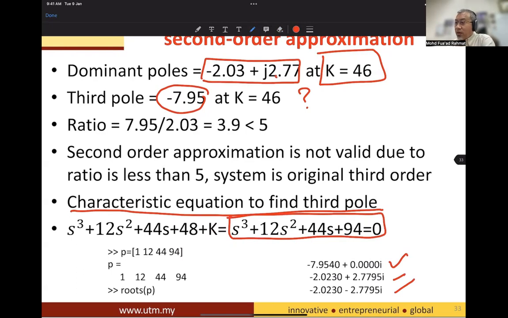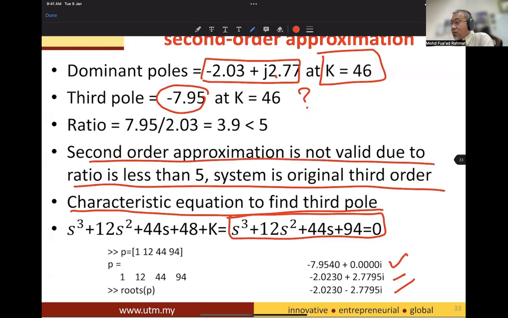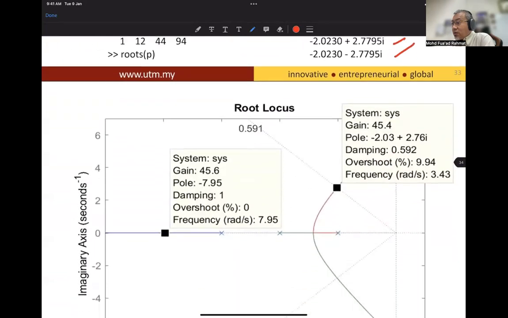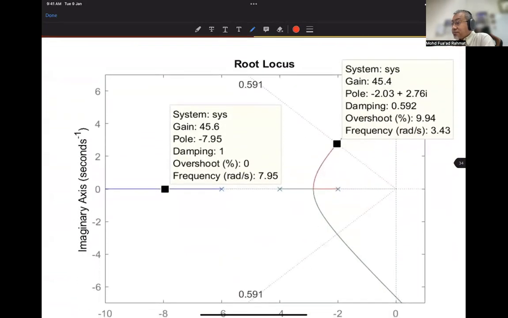That's why I get minus 7.95. Then the ratio is 7.95 divided by 2.03 equal to 3.9, less than 5. So the second order approximation is not valid because the ratio is less than 5. The system is the original third order system.